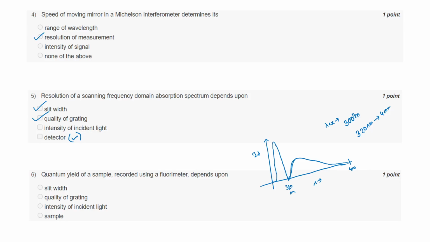Next, suppose this is my sample, and then I take a reference, not a reference, but a blank sample. Suppose you are recording solid samples. Now you record a purely white sample, something like barium sulfate or whatever material is used in your integrating sphere, which doesn't have any emission.